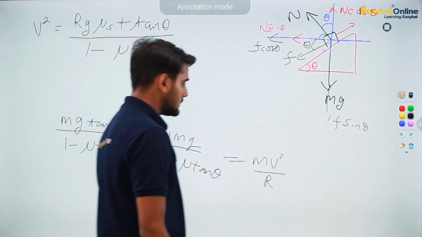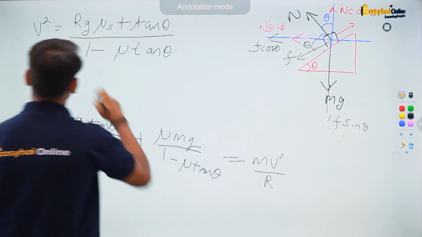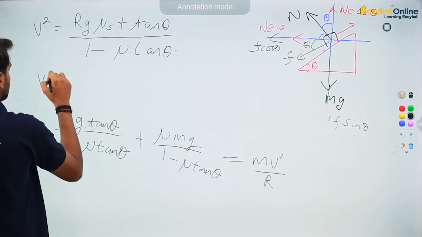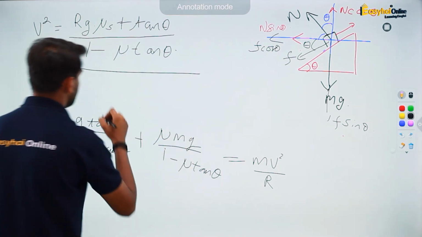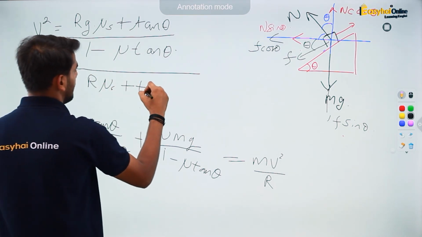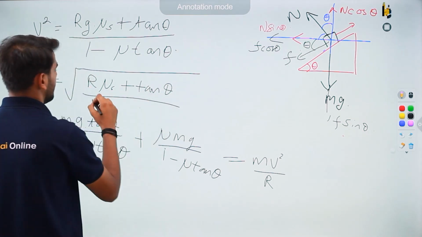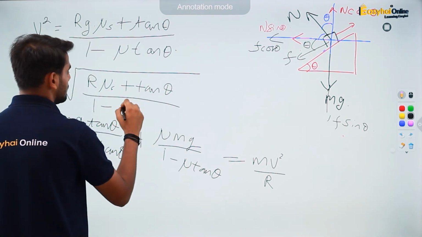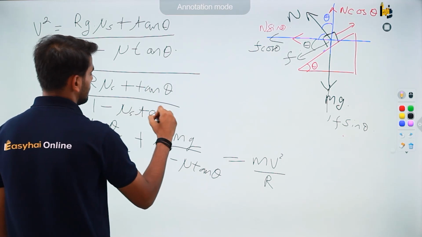This is going to be the final equation that we have. Now let me put it under root. So v is going to be equal to the square root of rg mu s plus tan theta divided by 1 minus mu s tan theta.